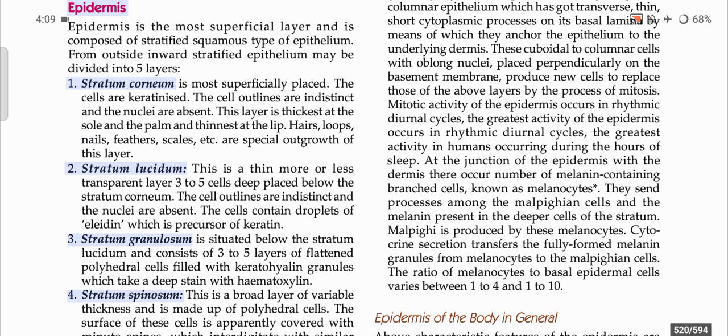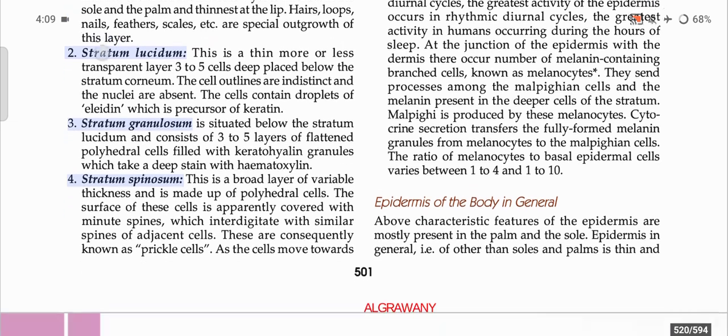They send processes among the Malpighian cells, and the melanin is present in the deeper cells of the stratum malpighi. The melanin produced by these melanocytes is transferred by cytocrine secretion as fully formed melanin granules from the melanocyte to the Malpighian cells. The ratio of melanocytes to basal epidermal cells varies between 1 to 4 and 1 to 10.